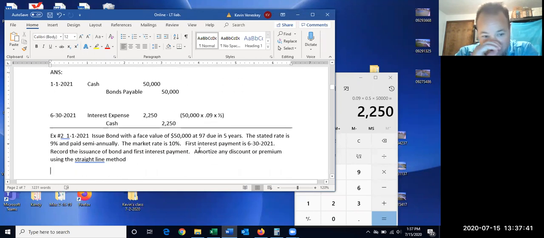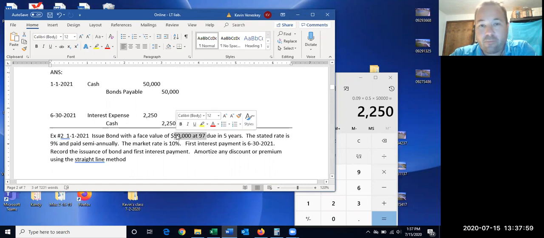Now, this one is just a little bit more detailed because this one tells us that we're not going to issue it at face value. We're going to issue it at 97 instead of full value. So you don't actually have to calculate. You can just do the simple math to figure out what the bond sells for.